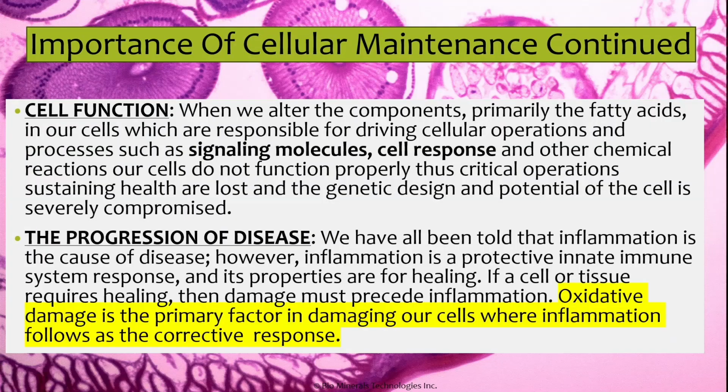When we alter the vital fatty acid components in our cells, which are responsible for driving cellular operations and processes such as signaling molecules, cell response, and other chemical reactions, our cells do not function properly, and thus critical operations that sustain our health are lost, and the genetic design and the potential of the cell is severely compromised.